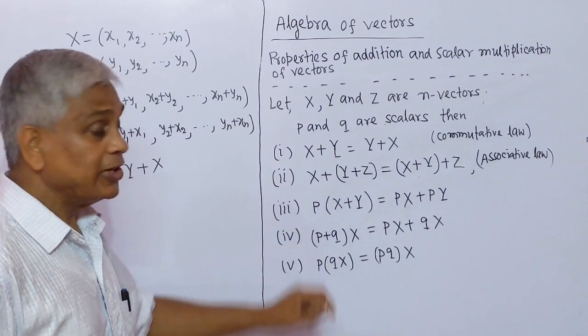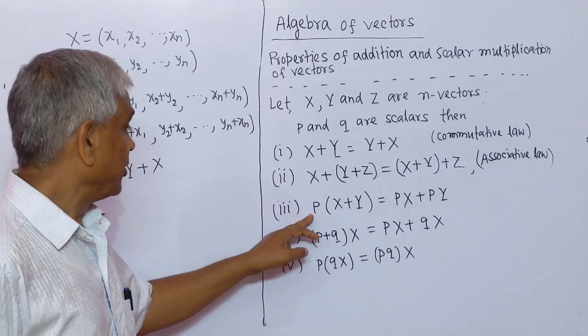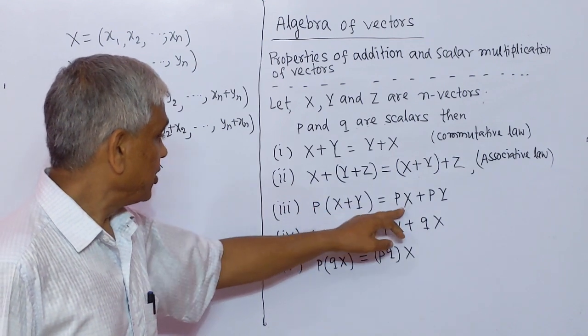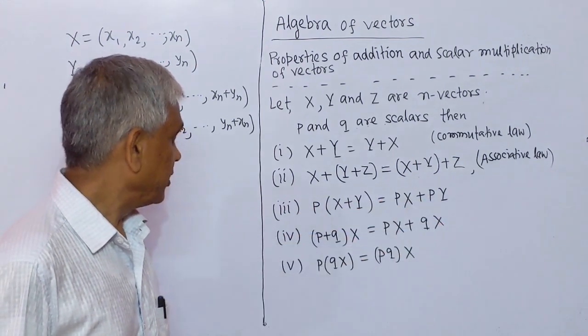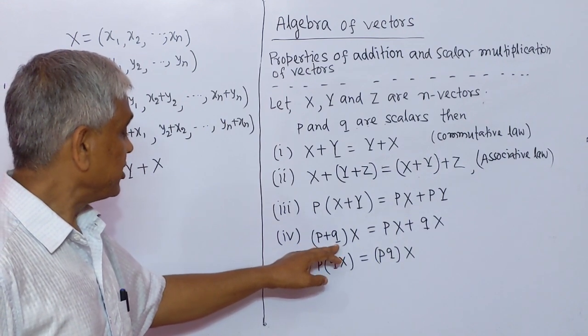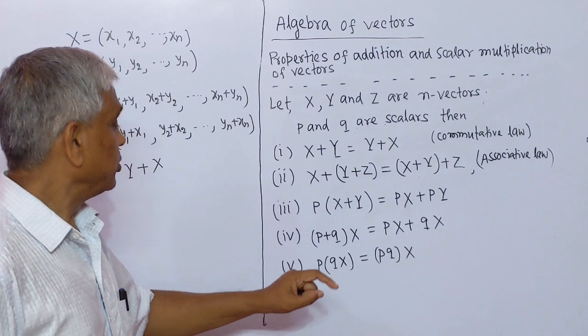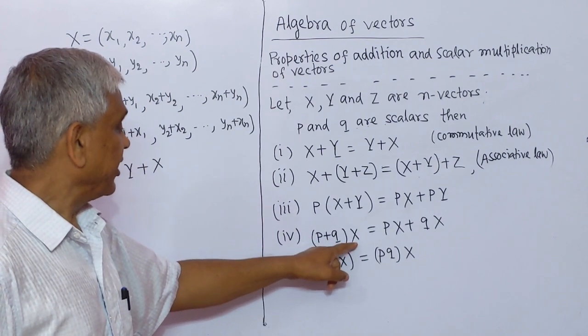Here we see the distributive property of scalar multiplication: Px plus Py. Number 4. P and Q are scalars. These are under bracket P plus Q and X is a vector.